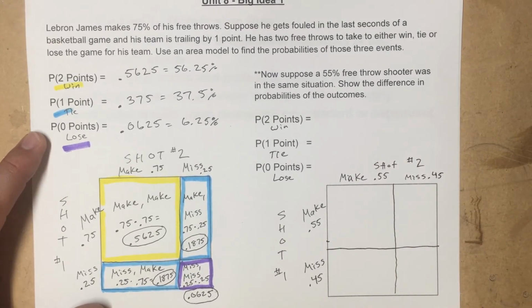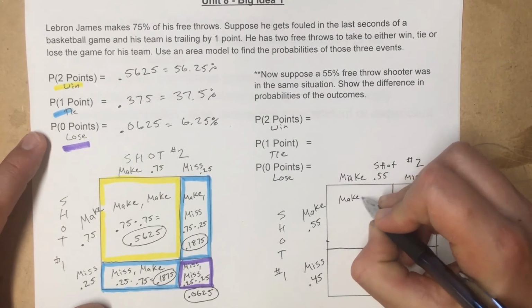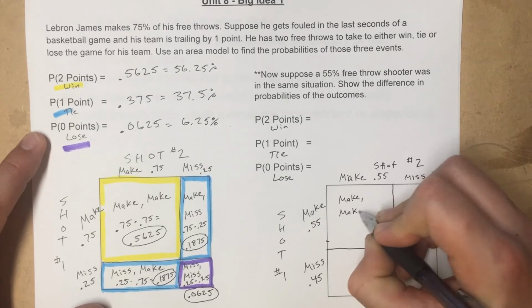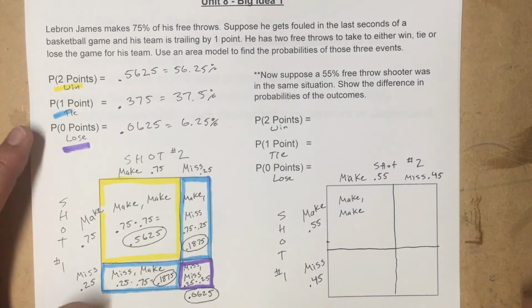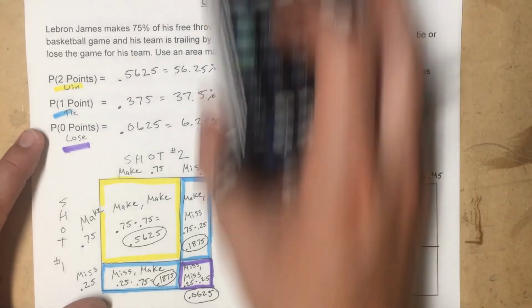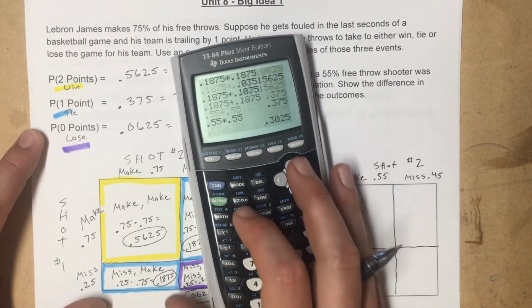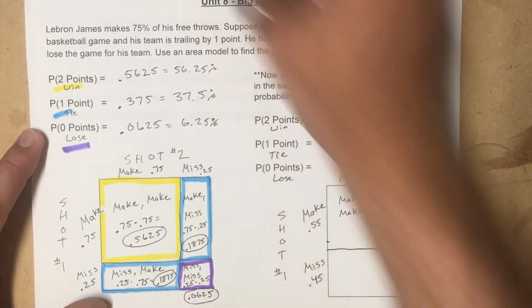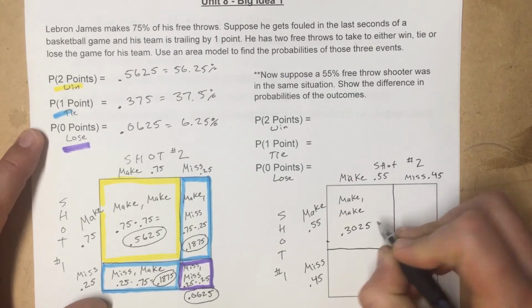All right. As you can see, his combination of make is much smaller than LeBron James over here. So 0.55 times 0.55 is 0.3025.